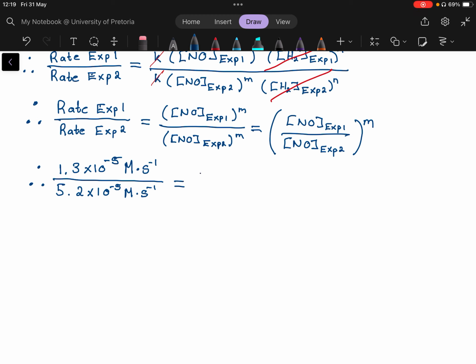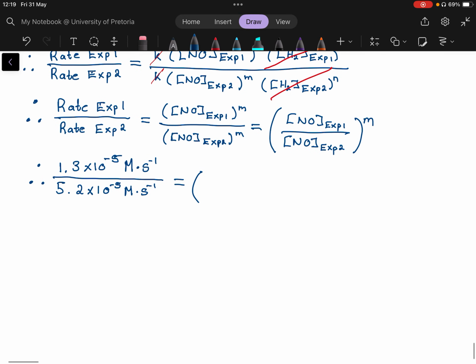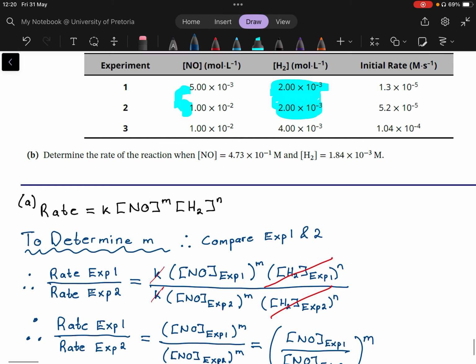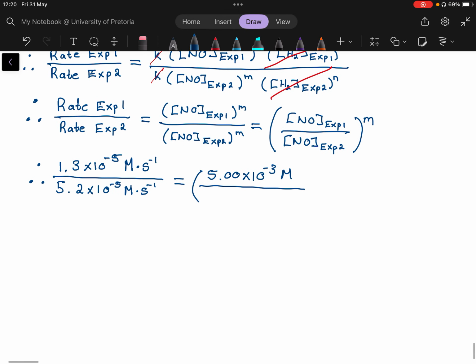It's equal to the concentration of NO in experiment 1, which is 5.00 times 10 to the negative 3 molar, divided by experiment 2, which is 1.00 times 10 to the negative 2 molar, all raised to the power m.